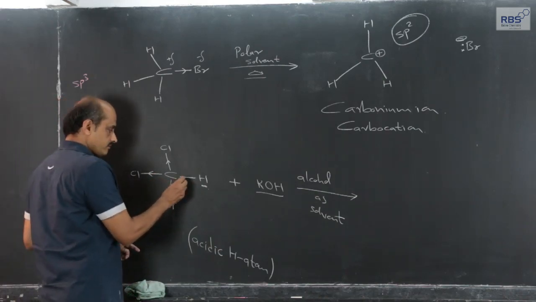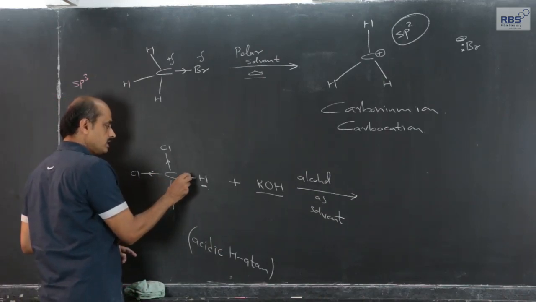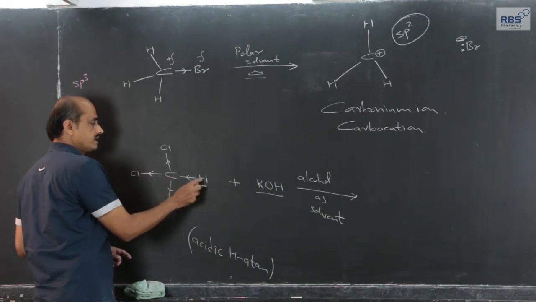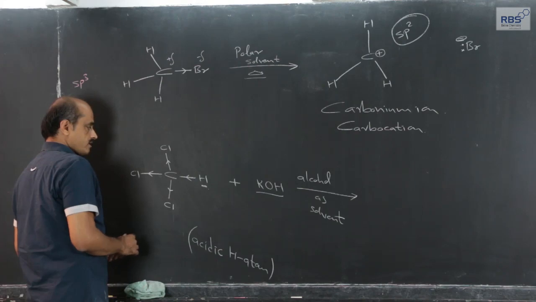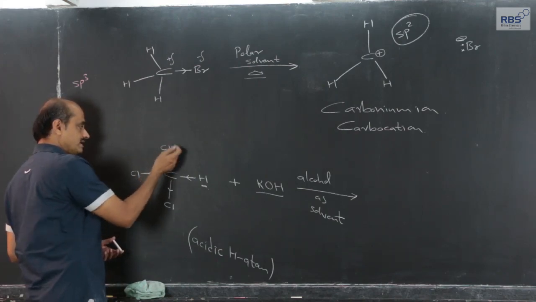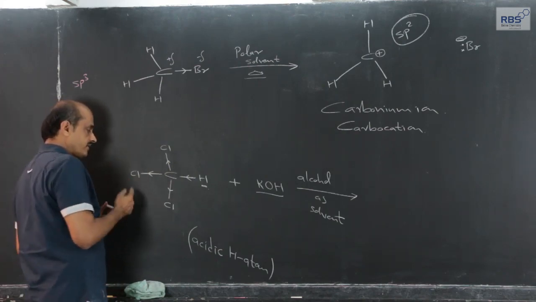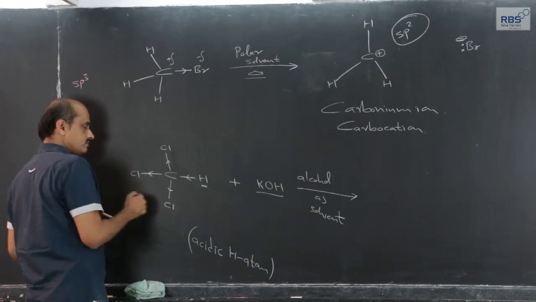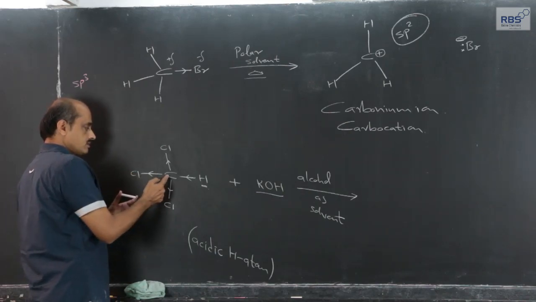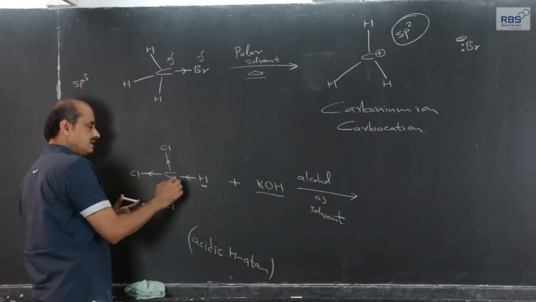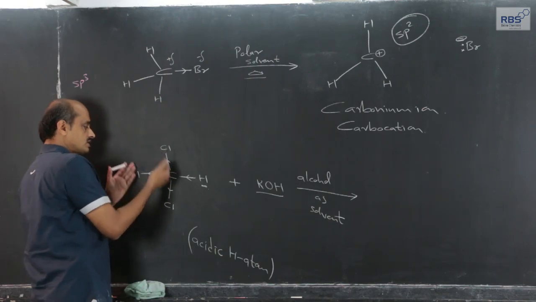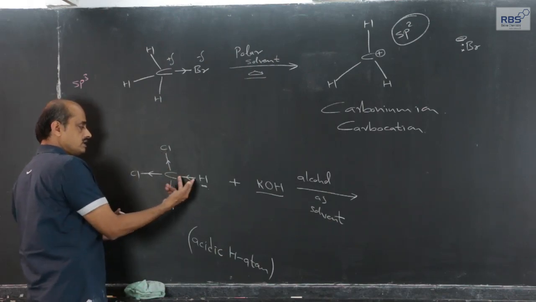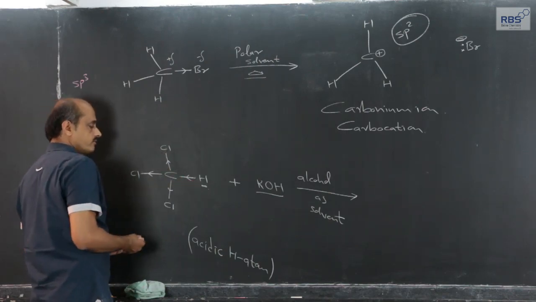Because of that, carbon will pull the electron density between carbon and hydrogen more towards itself. So, because of the minus I effect, the electron pulling effect of 3 chlorine atoms, this carbon in turn will try to compensate this lost electron density by pulling this shared pair more towards itself.